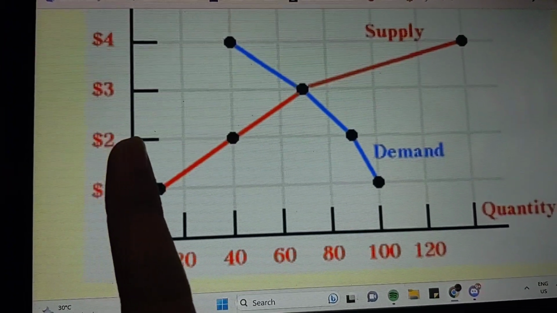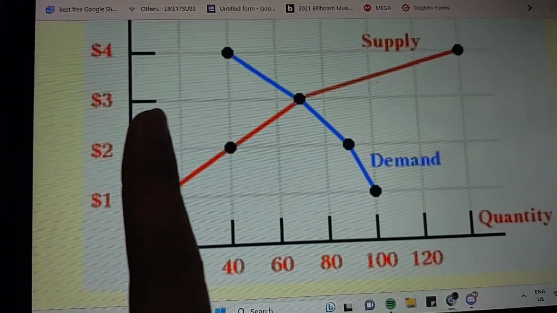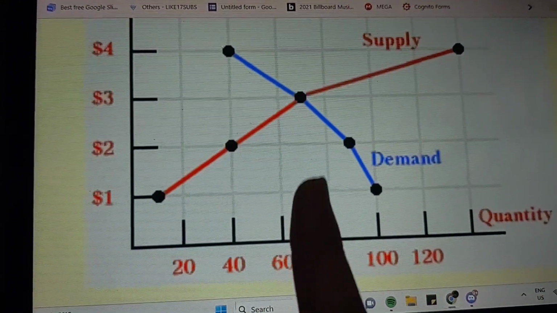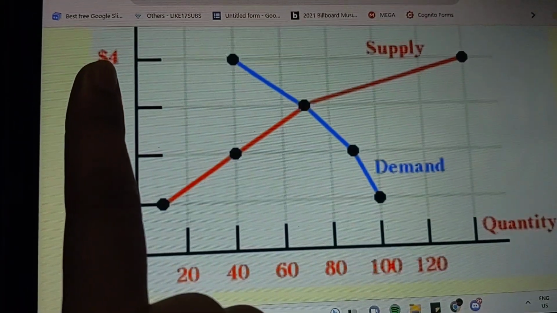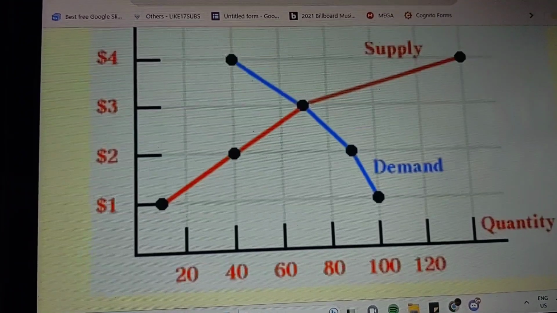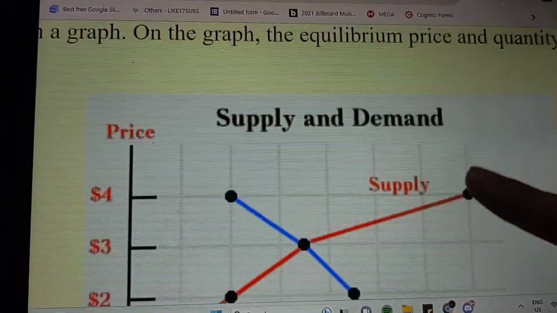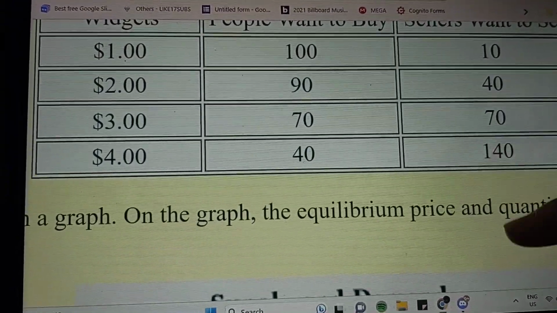At the price of $2, we have 40. At the price of $3, we have 70. And at the price of $4, we have 140.